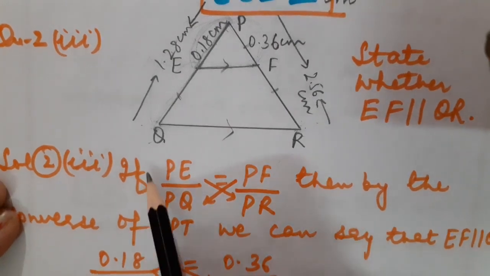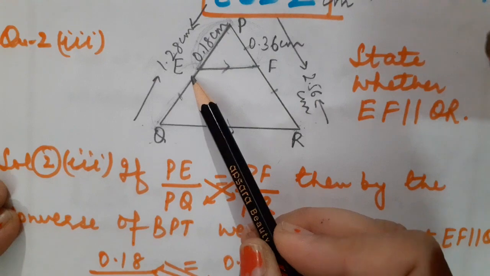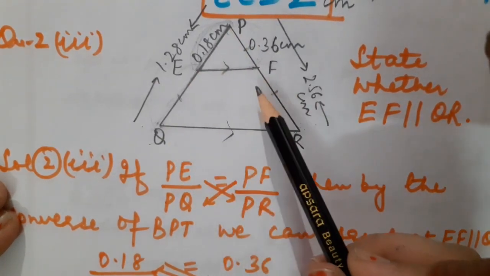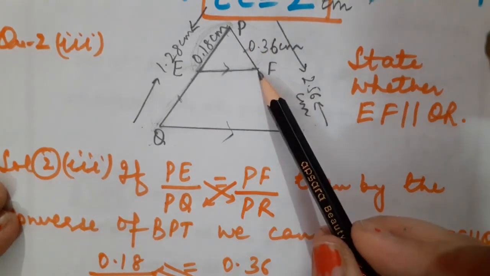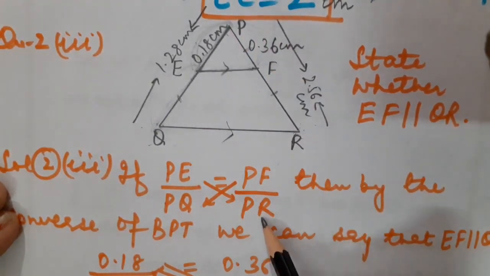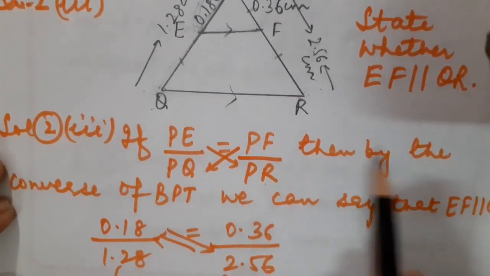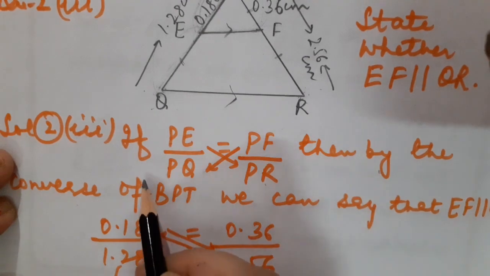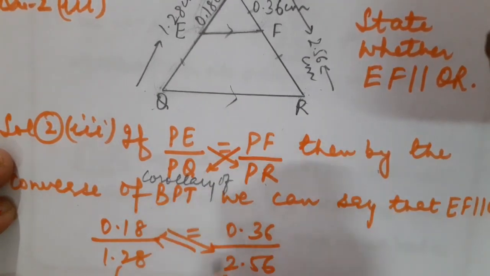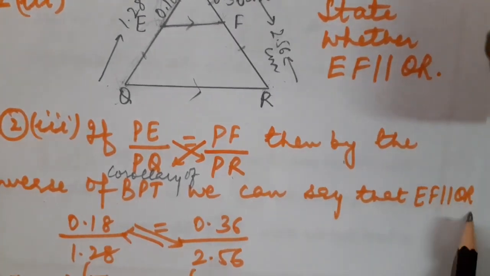Okay. So if PE, this is PE upon PQ, complete bigger one, is equal to PF upon PR, if they both are equal, then of course this is the corollary. Then by the converse of corollary of BPT, we can say that EF is parallel to QR.